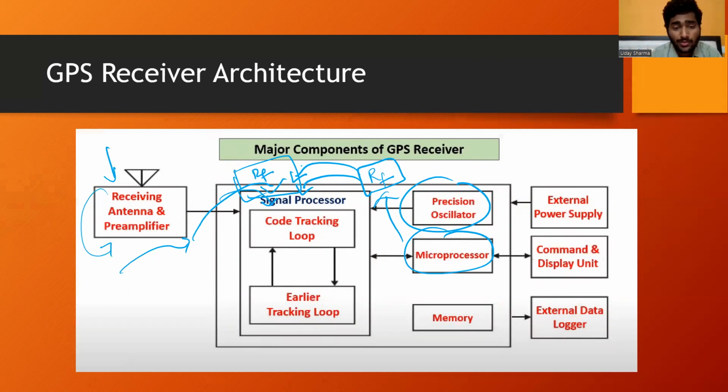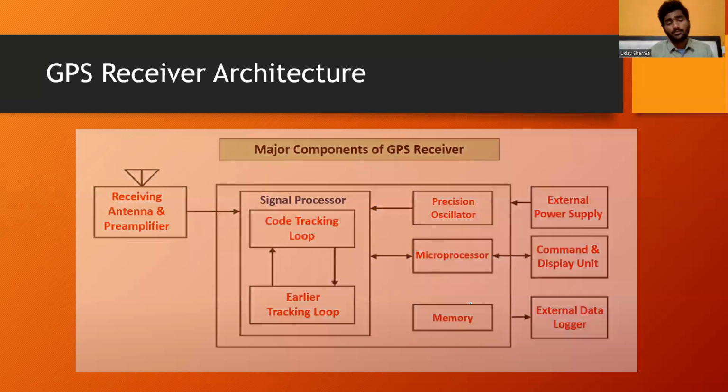Now, the core tracking loop and the earlier tracking loop are used to receive the channel data. Here, let us discuss what the microprocessor and the memory do and how this works.